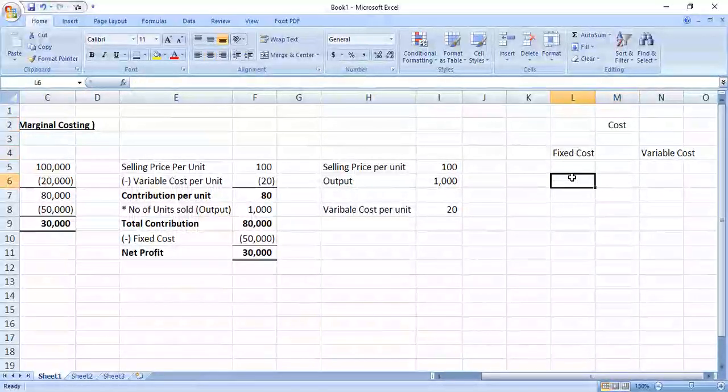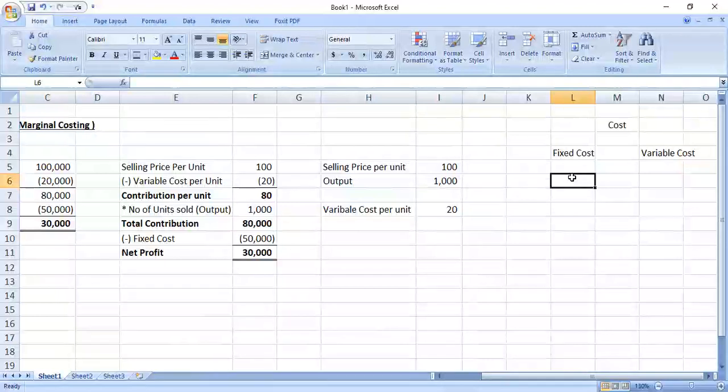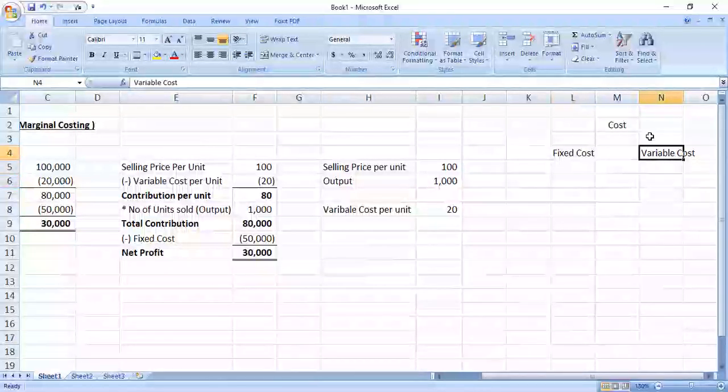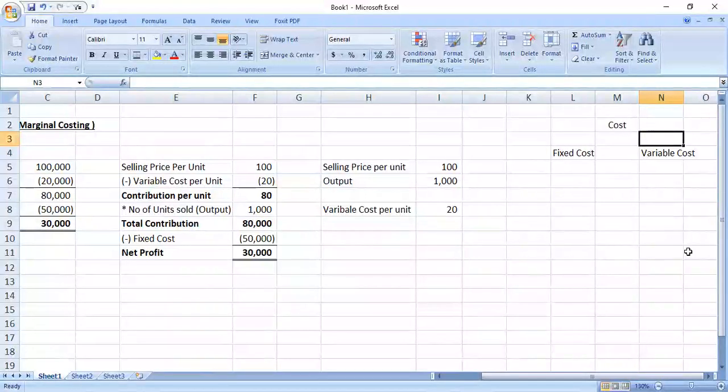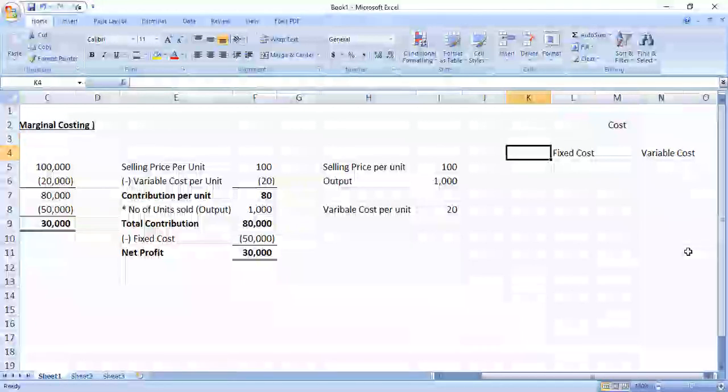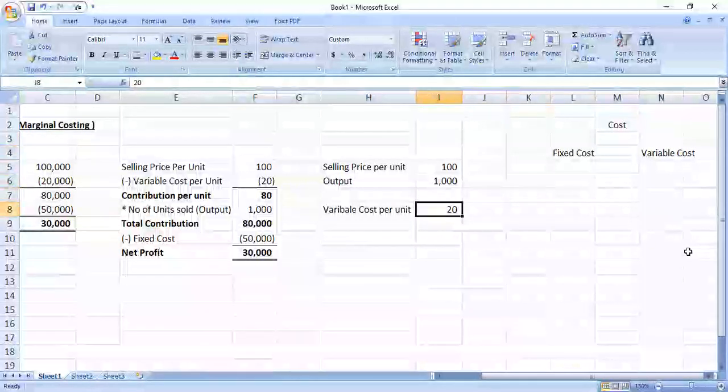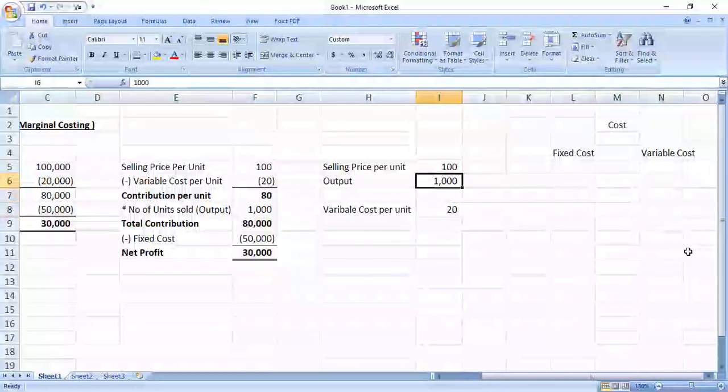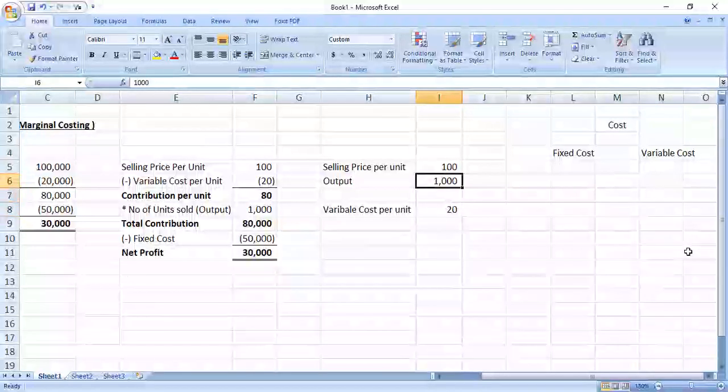Fixed cost means the cost which does not change with the level of output or the level of quantity sold. And variable cost changes with your output, or the level of quantity that you sold, right? And we assume the variable cost per unit is the same. It's 20. It doesn't change whether you sold 1000 or 10,000 units.